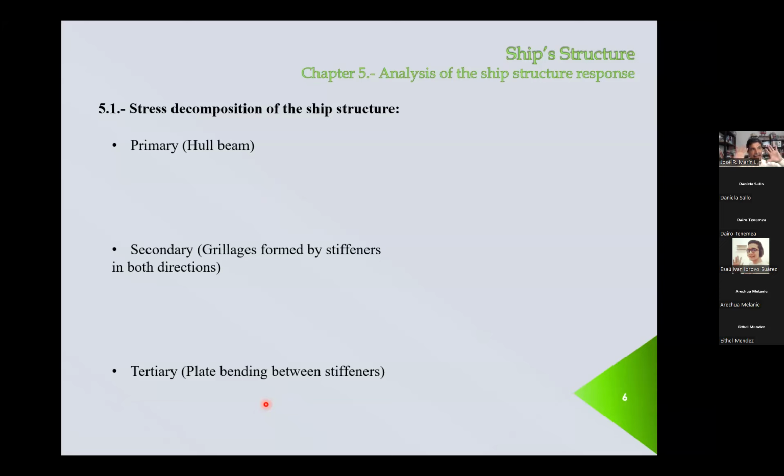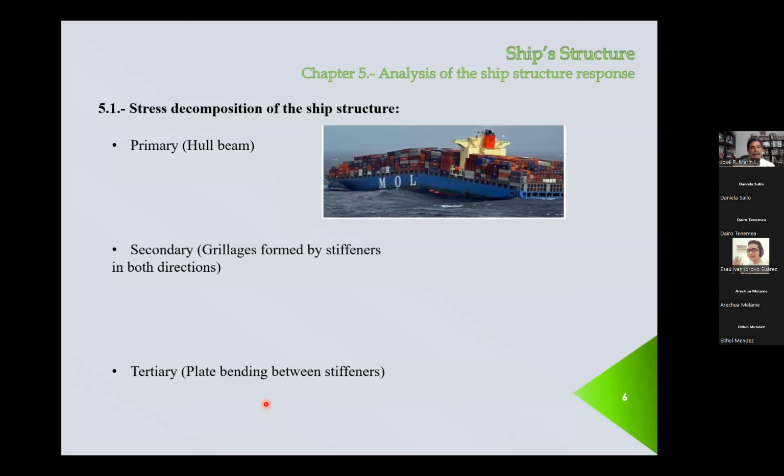Okay, so you see the connection between what we have studied before and what we are going to study now. So that's why this course is so packed, very well connected. Now here, this is the result of the whole bending.